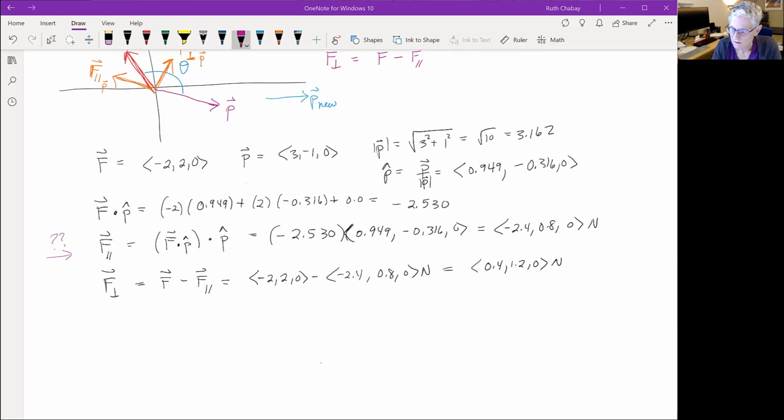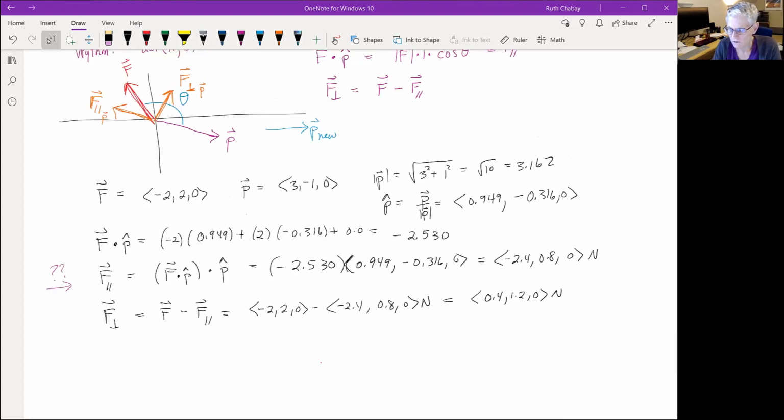When we take the dot product of the force with a unit vector in the direction of P, here's the unit vector P hat, we get a scalar, and so this is the magnitude of F parallel.